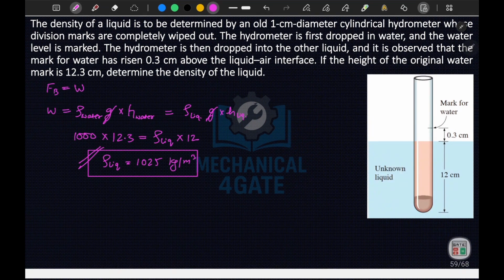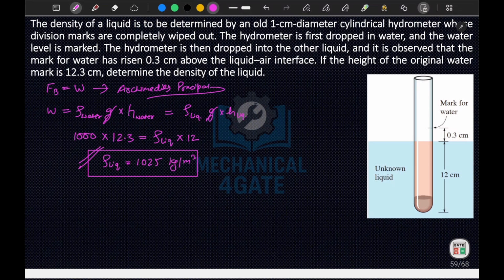Since the same tube is dropped in both liquids, the weight of the tube will remain the same, and by the principle of flotation, or Archimedes principle, the buoyant force is equal to the weight, and the buoyant force in both liquids should be the same.